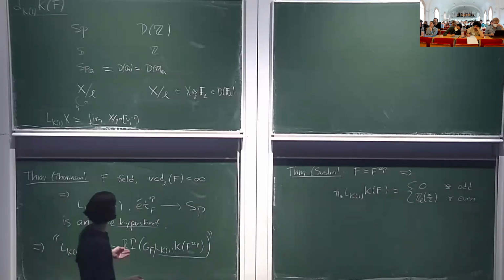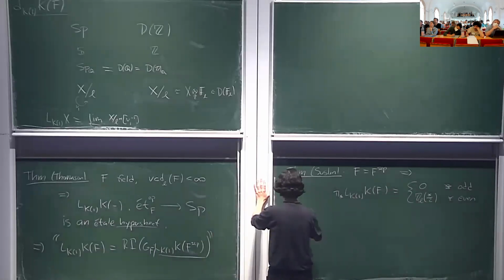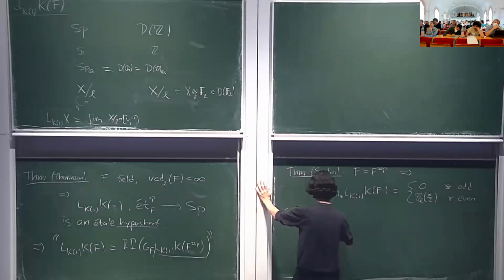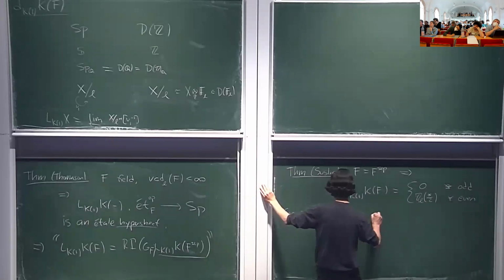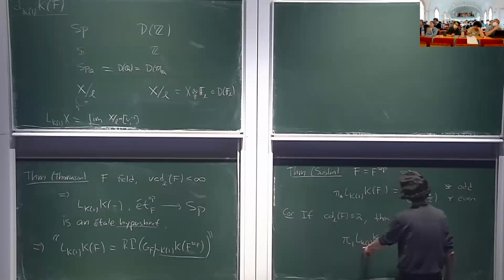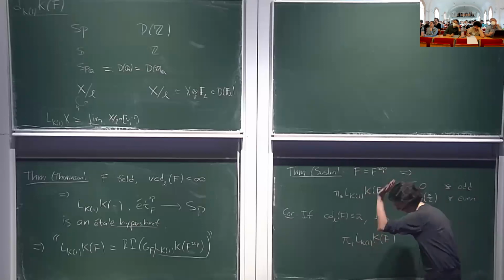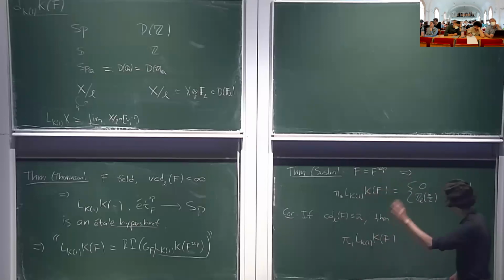So, if you combine these two, you get that if the cohomological dimension at L of F is less than or equal to 2, then if you look at pi minus 1 of this KF, this is a funny thing that this operation does, because this V1 actually shifts degrees. This thing will actually input negative homotopy groups, even if they didn't exist before.